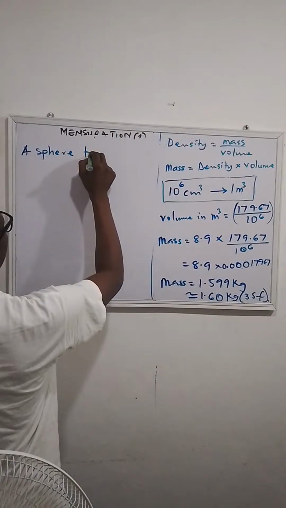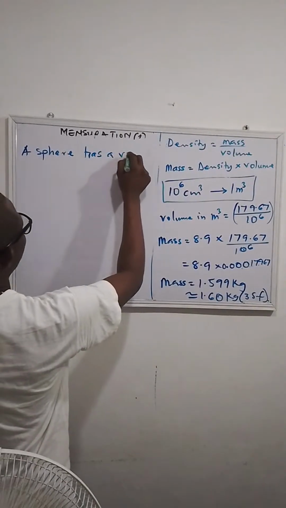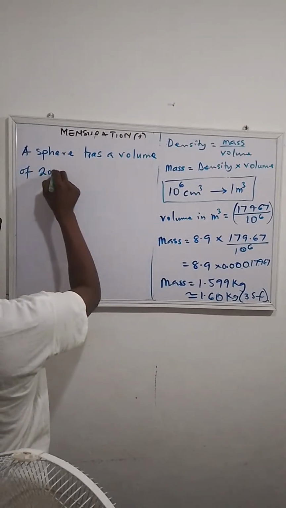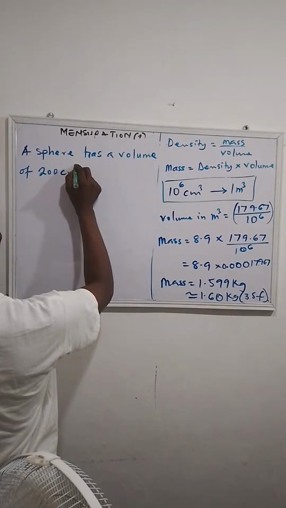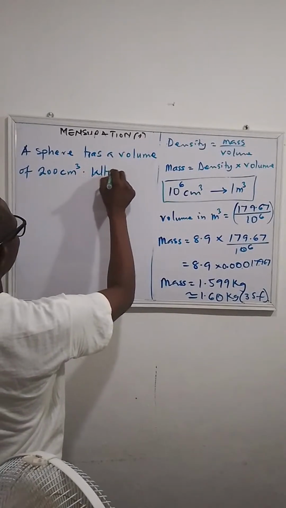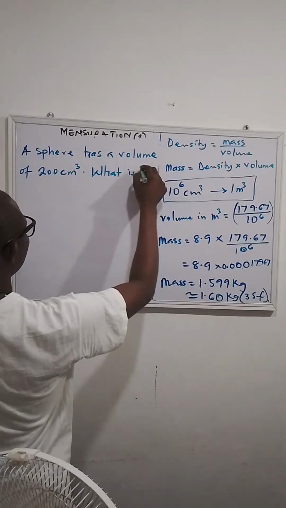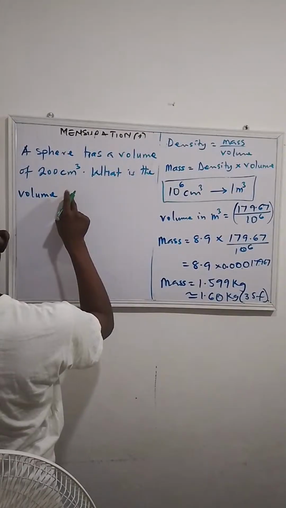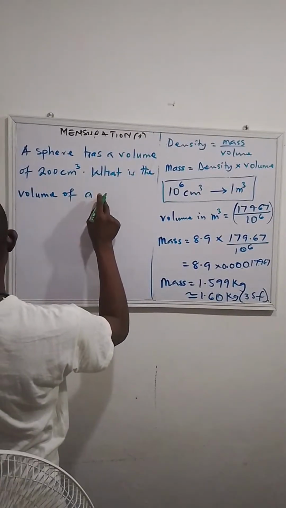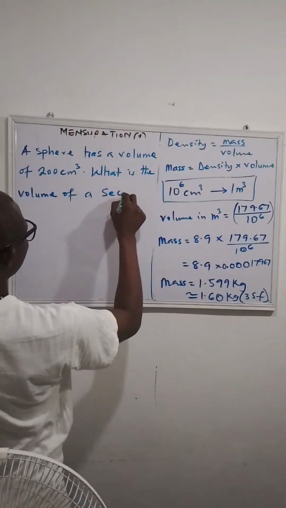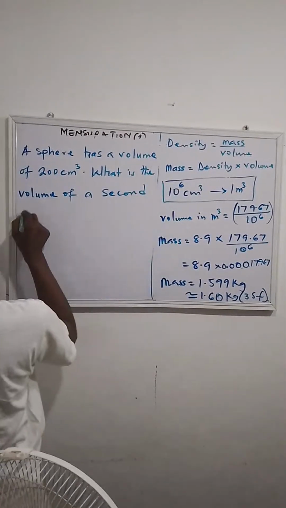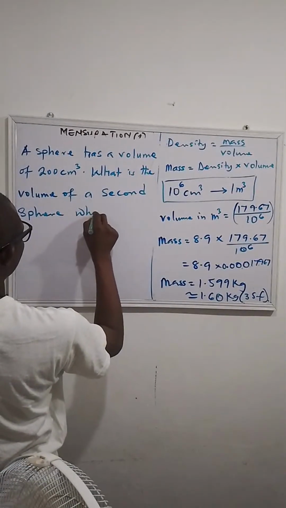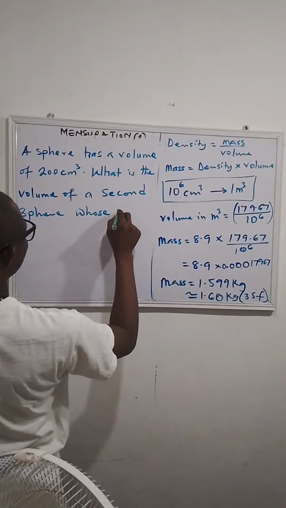The sphere has a volume of 200 centimeter cube. What is the volume of a second sphere? Circumference, sphere, radius.